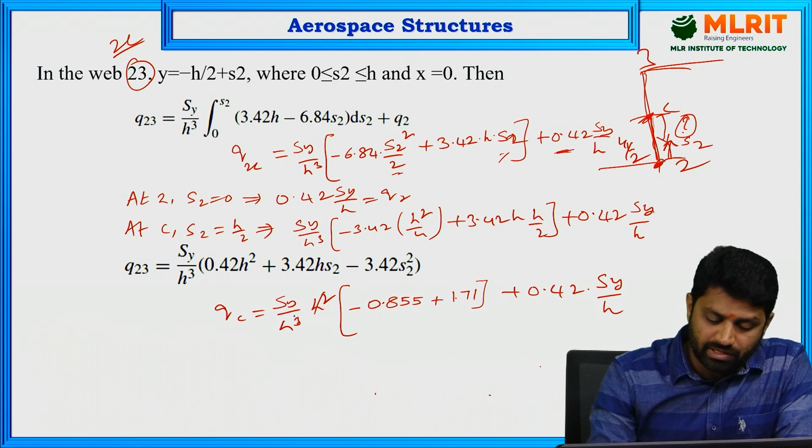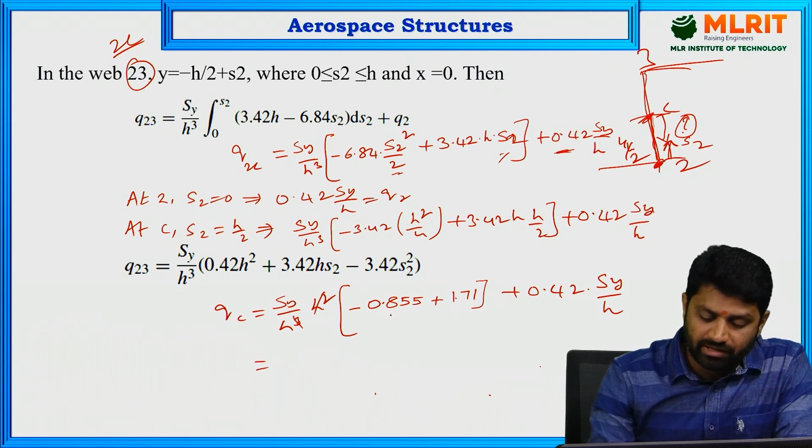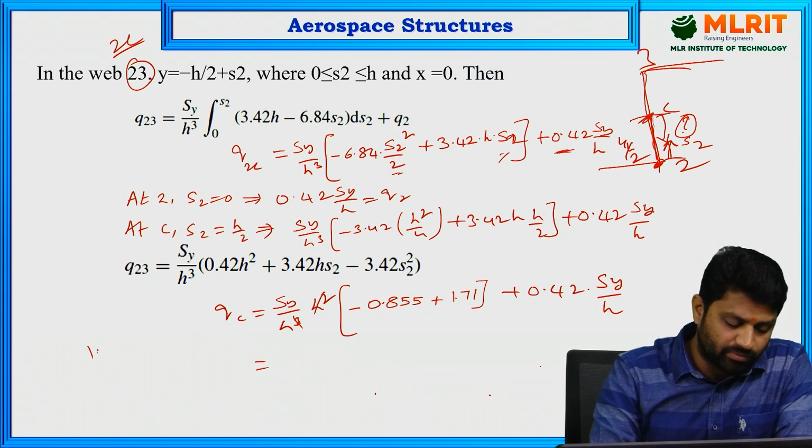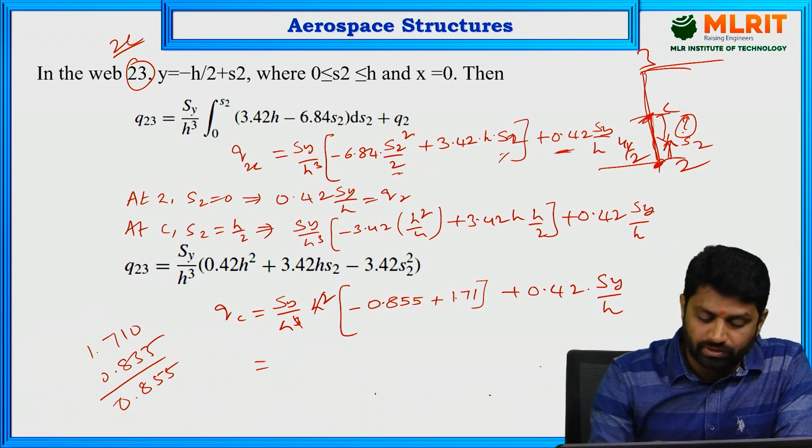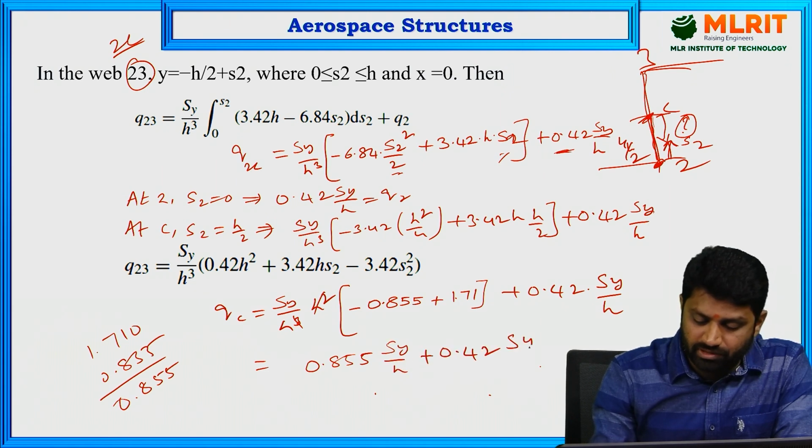So this h square and h cube get cancelled, and you get 1.71 minus 0.855, and if you try to substitute this, here you are going to get 0.855 Sy by h plus 0.42 Sy by h.